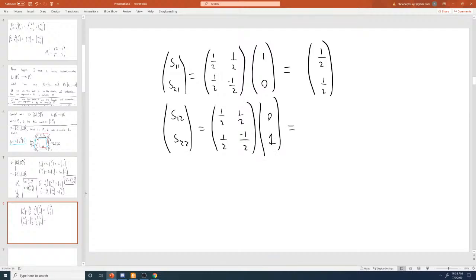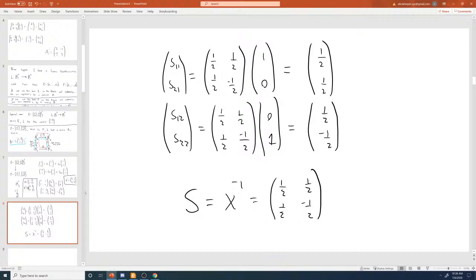And so this right here will be 1/2 and negative 1/2. And lo and behold, I found my desired matrix S. And S here just turns out to be equal to X inverse, which is the same thing as 1/2, 1/2, 1/2, and negative 1/2.